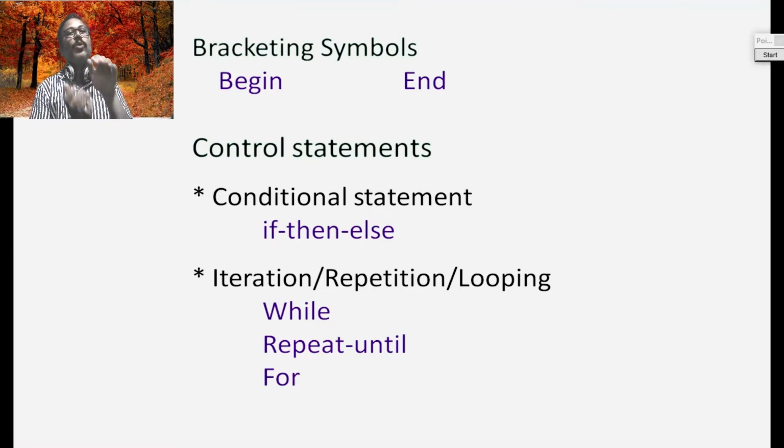If you want to group some statements, you can use begin and end. Start and stop indicate the beginning and end of the algorithm, whereas begin and end are used to enclose a group of statements. If you want to group the statements, you can group them using begin and end.